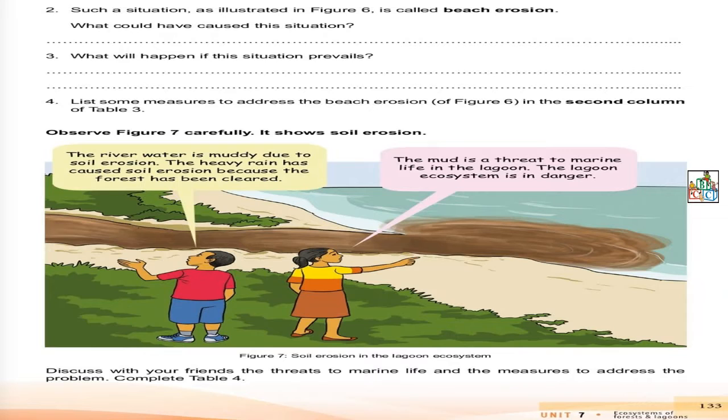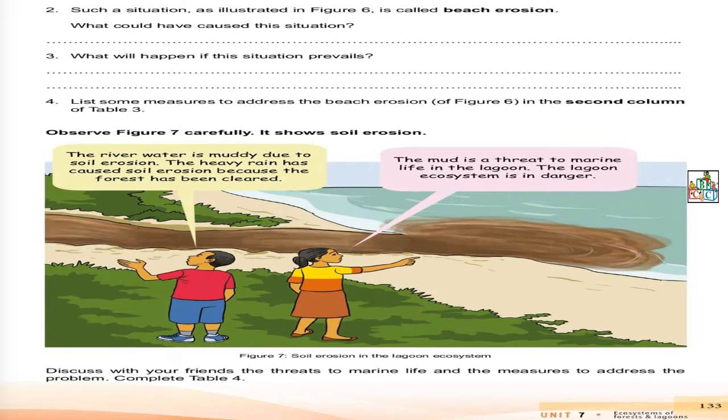Beach erosion may have been caused by a rise in sea level, or very high tides, or by a lagoon that has no coral reefs. What will happen if this situation prevails? The coastal area will be more affected and more trees will be uprooted.